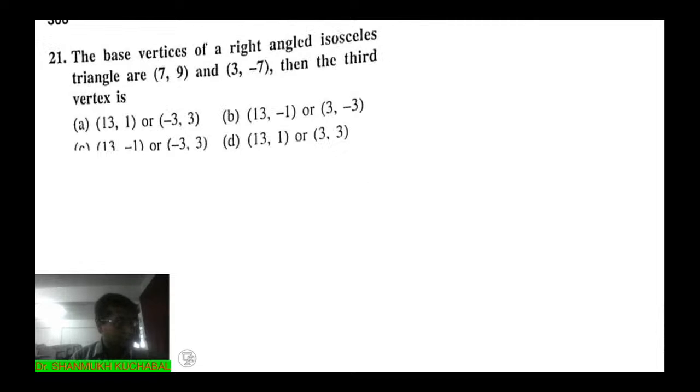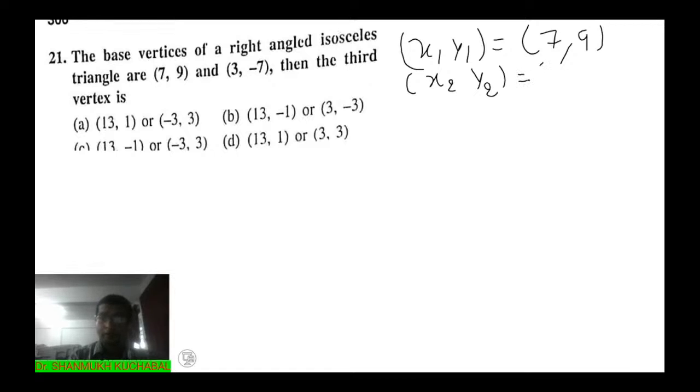Okay, we move to our next example. The base vertices of a right angle isosceles triangle are 7 comma 9 and 3 comma minus 7. Then the third vertex we have to calculate. This is given by the formula: the first coordinate is x1 y1, 7 comma 9, and the next x2 y2 is 3 comma minus 7.